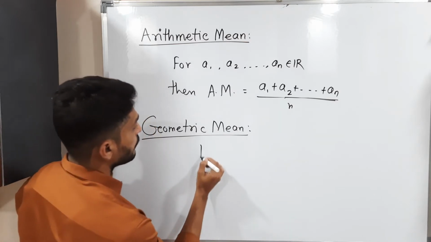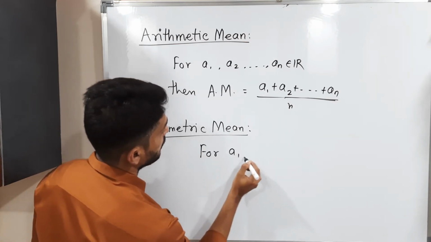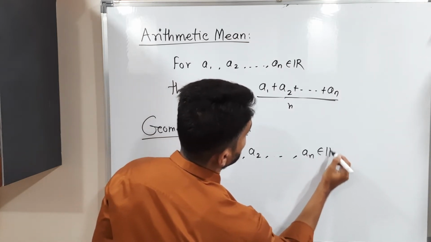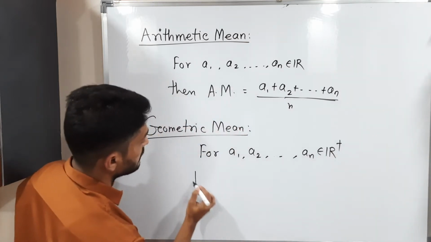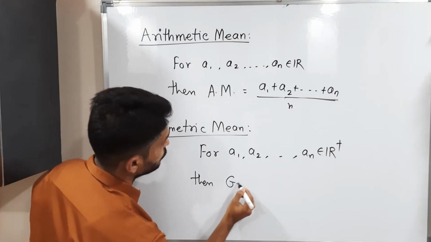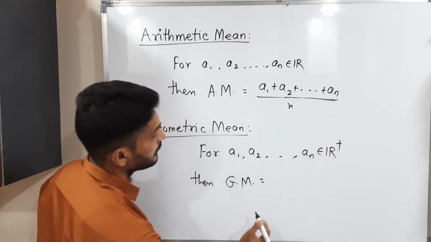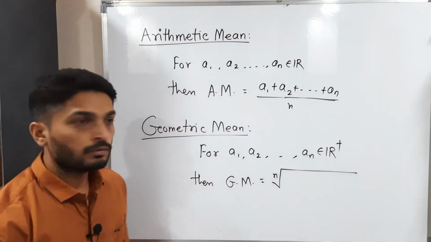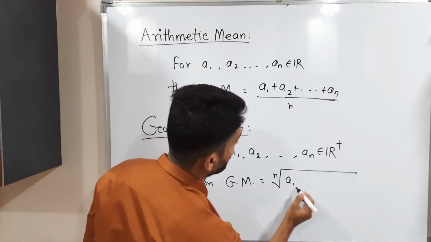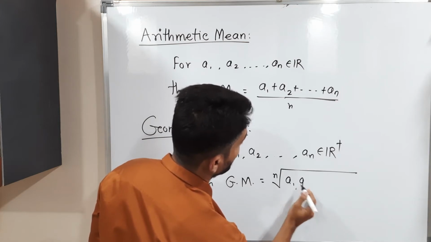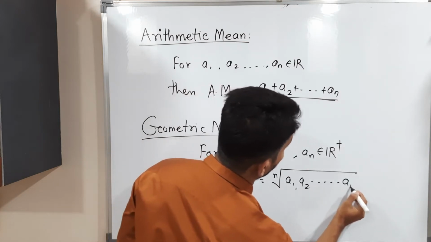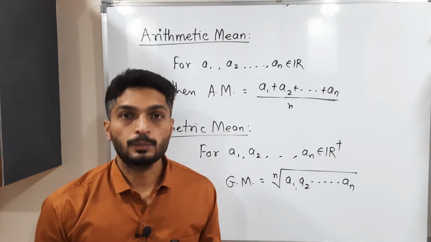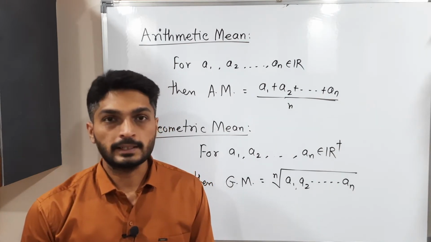So I will write, for a1, a2, and so on up to an, if these are positive real numbers, then the geometric mean is nothing but the nth root of the product of all these real numbers, so a1 into a2 and so on up to an. We take the nth root of their product, so we get the geometric mean. Is it clear to you?